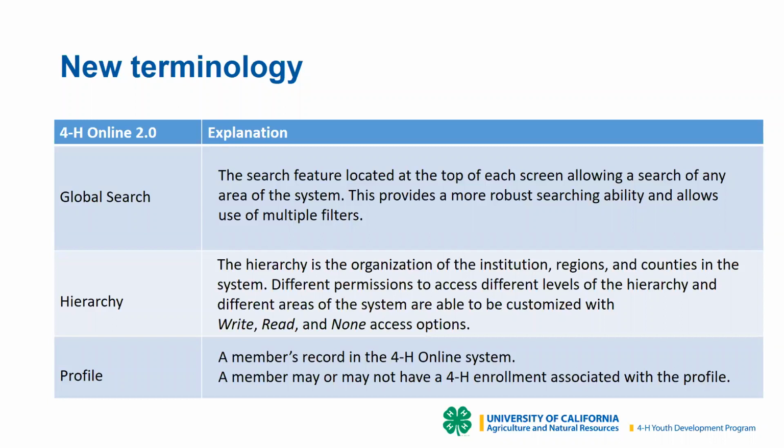While we are only using the enrollment system for 4-H at this time, the result in the structure is that enrollment happens a bit differently than it did in 1.0. We will go over how enrollment happens in the 2.0 system later in this training.